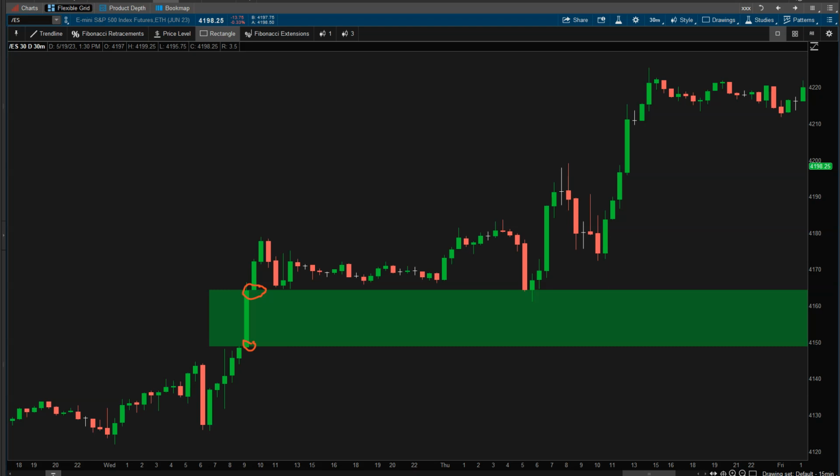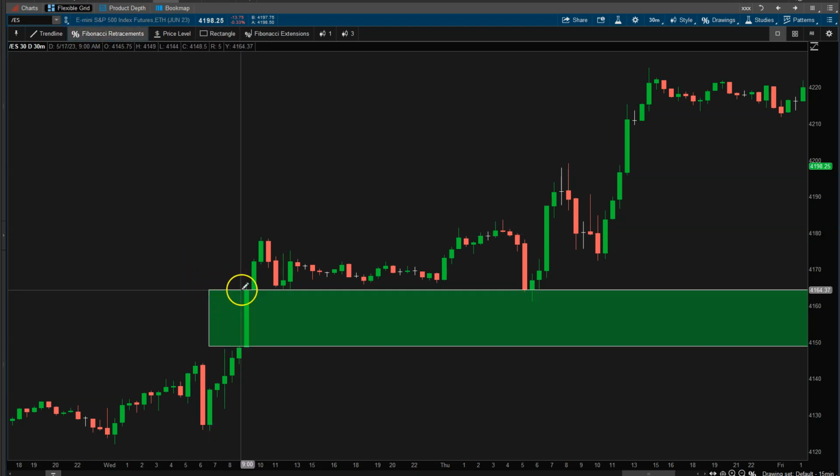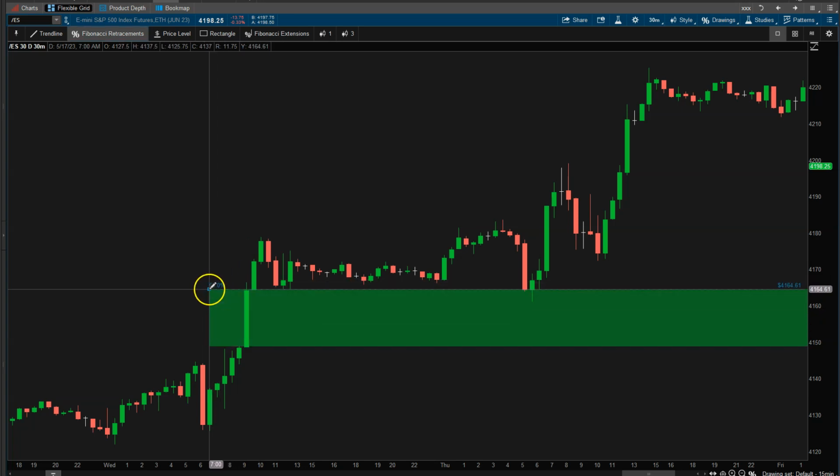There's the lower edge of the fair value gap, right here. There are also 2 other places, and the first one is to grab a Fibonacci once you draw your fair value gap. Grab a Fibonacci and only look at the 50% level. Okay, and then this would actually be your third place to enter.